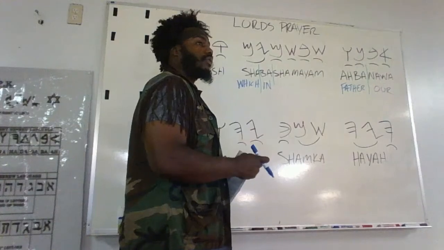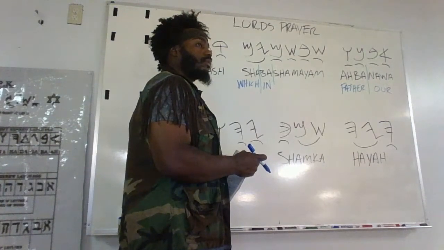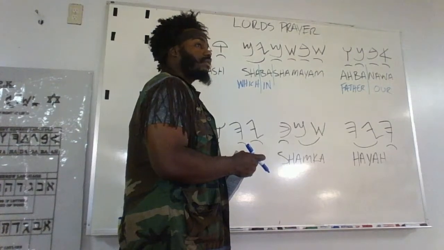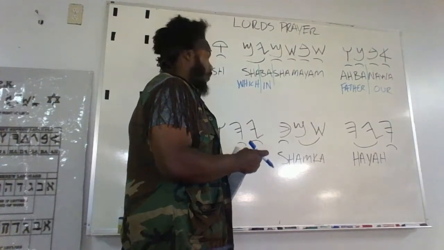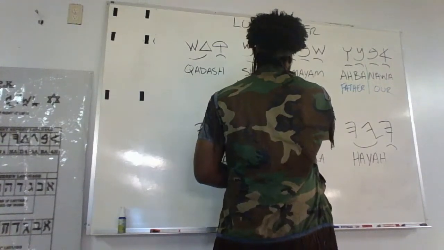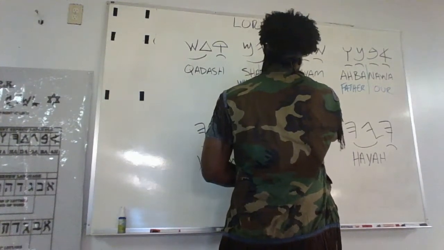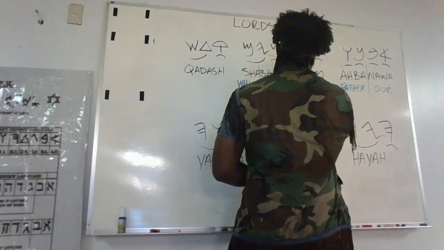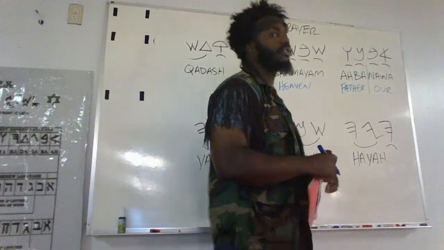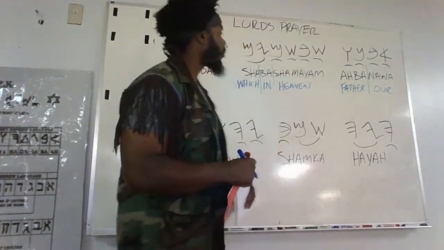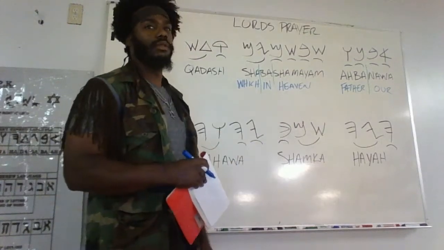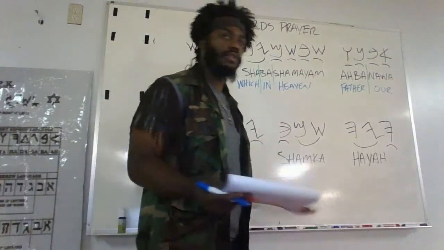Why is it heaven? What is that called? Starts with an F. Firmament. Yes. Shemayim is heaven in Hebrew, translated pertaining to waters. So we have our Father which art in heaven.